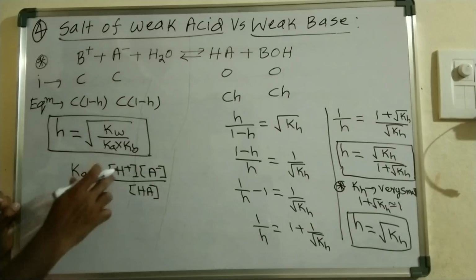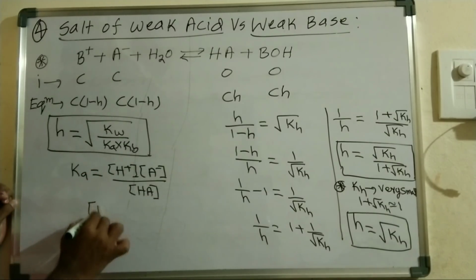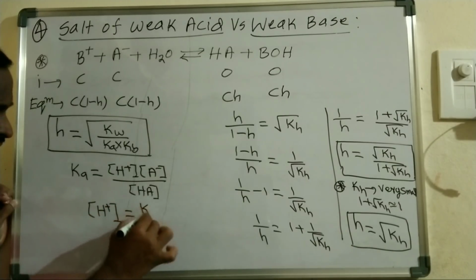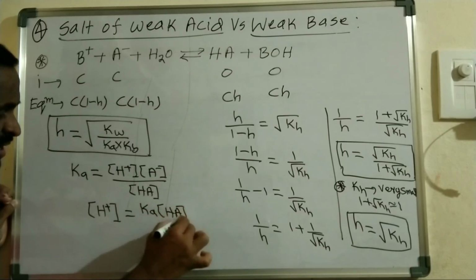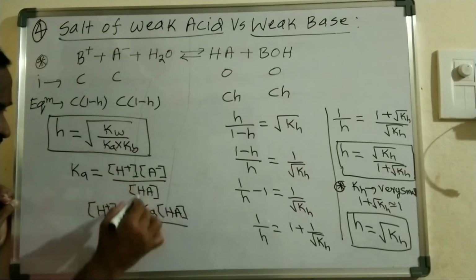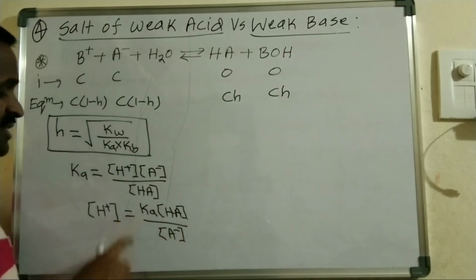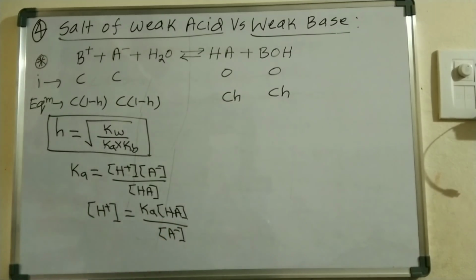Okay, so in this you can make the H plus ion concentration the subject of the formula. H plus ion concentration is equal to Ka into concentration of HA divided by the concentration of A minus.